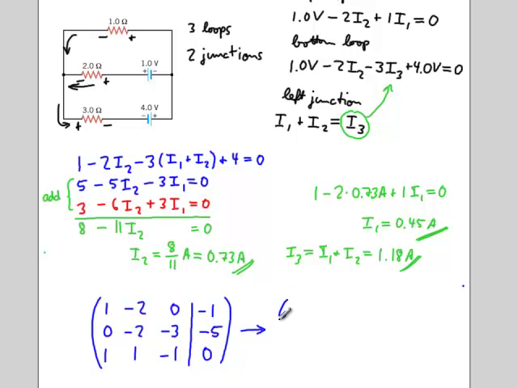This one here, I'm going to transform into this kind of matrix, where all of the ones correspond to the variables I1, I2, I3, and then I1 equals, I2 equals, I3 equals, and we'll see what we come up with.